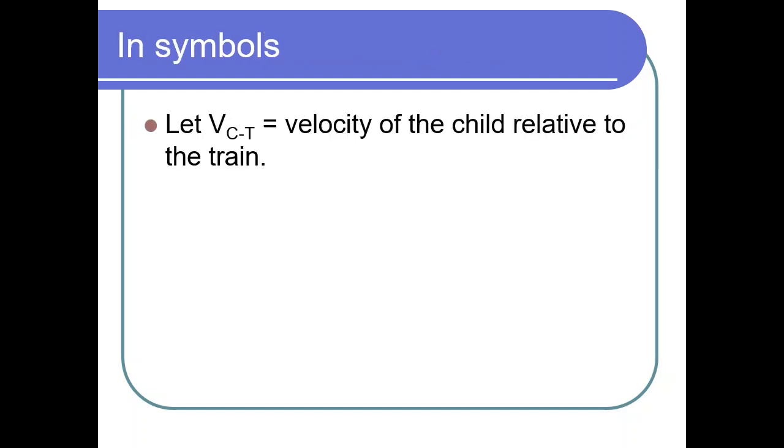Here it is in symbols. Let's say that VCT is the velocity of the child relative to the train. So the first subscript stands for the thing that is moving, in this case the child in the stroller, and the second subscript indicates the reference frame that it is moving relative to.